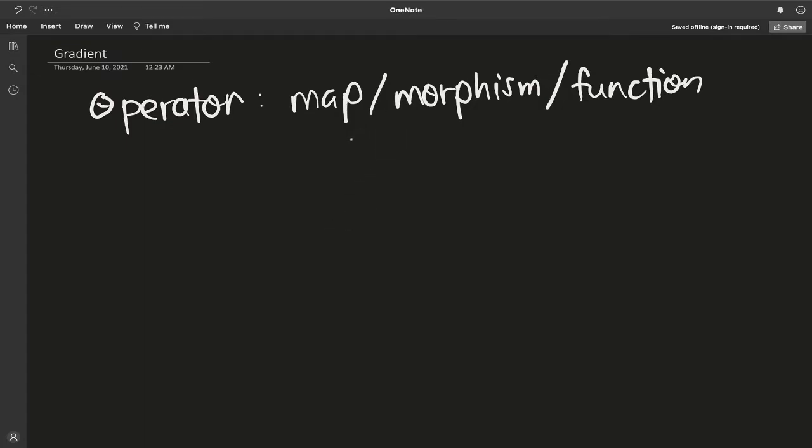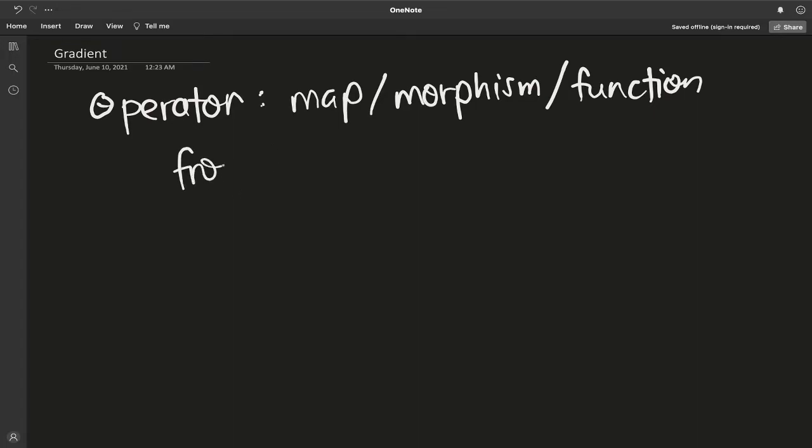Well, you may say that these terms are synonymous to each other, but it depends on what context you're using it in. So I could have put a dash here, but since we're defining operators, let me start with a colon first. From where to where? You should have a starting place and an ending place.